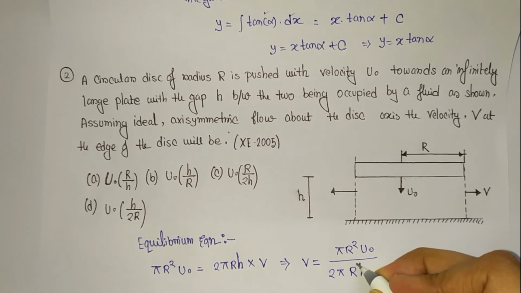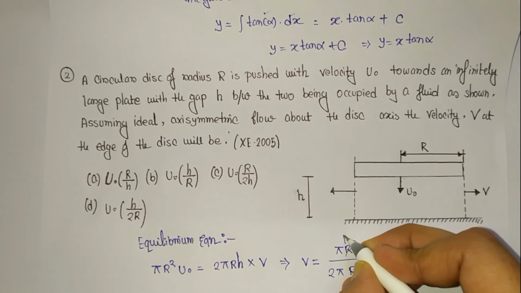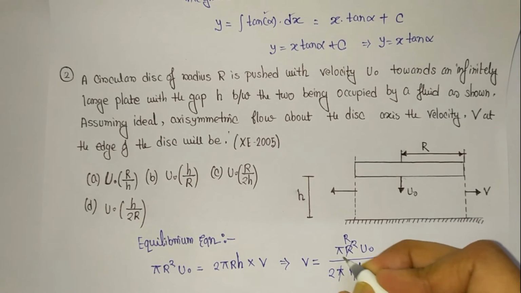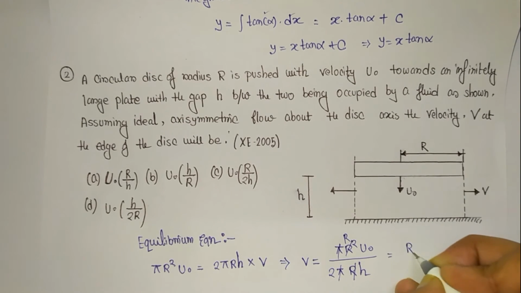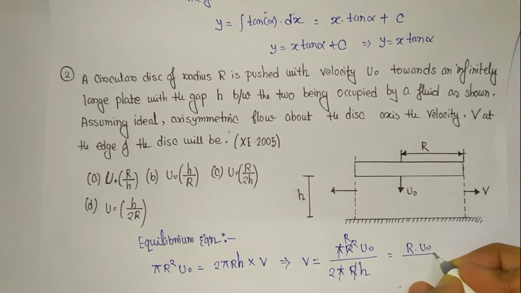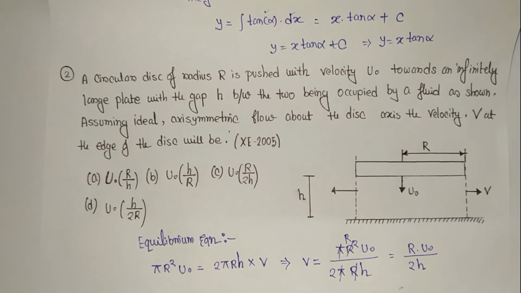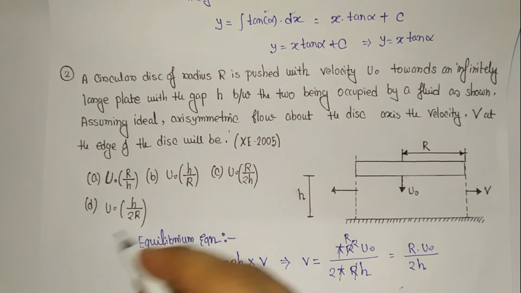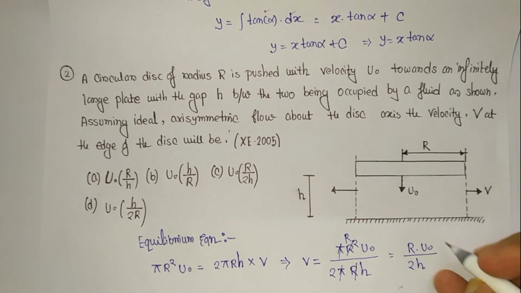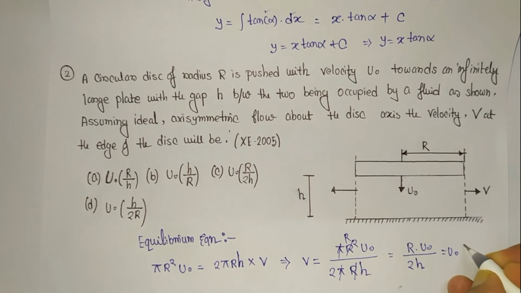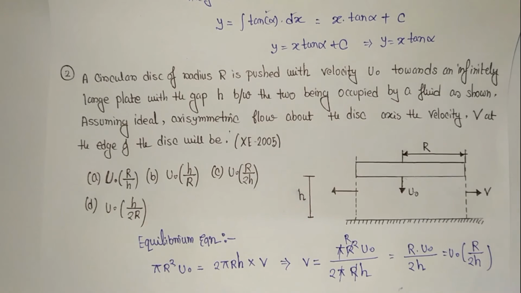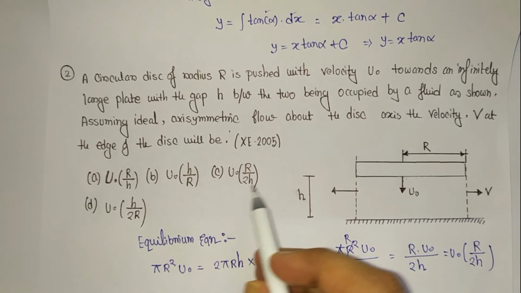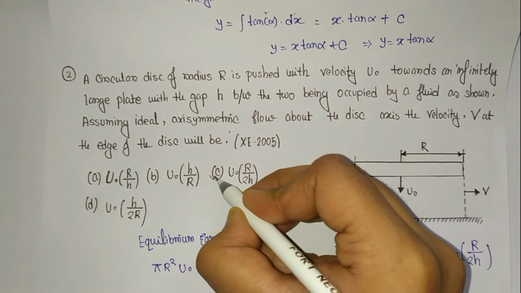If we cancel out the r and the pi, it comes as r into u naught whole divided by 2 into h. Taking u naught outside, it is u naught into r by 2h. So which option is correct? u naught into r by 2h, option C is correct.